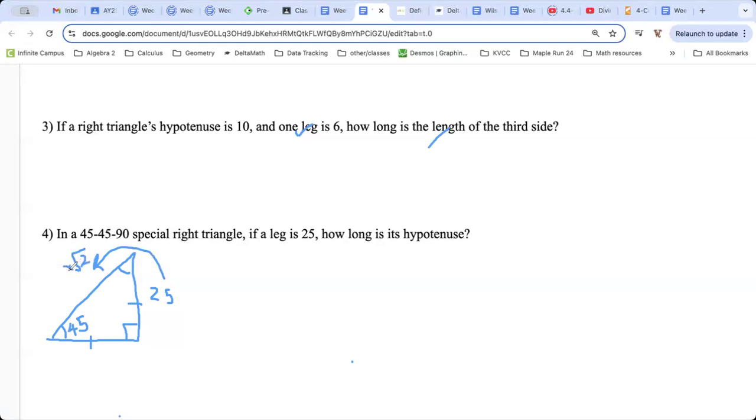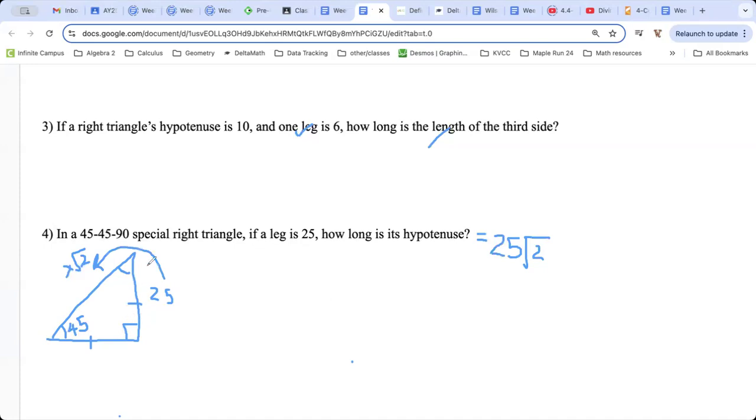Multiply by square root 2. So the answer for this one, how long is the hypotenuse? If you know the knowledge of 45, 45, 90, hypotenuse is just simply the side times the square root of 2. You're done, okay? And you got that right too.